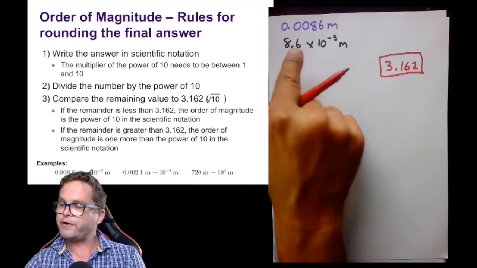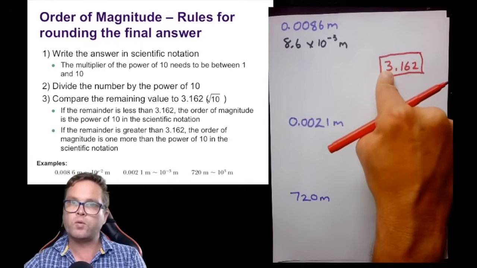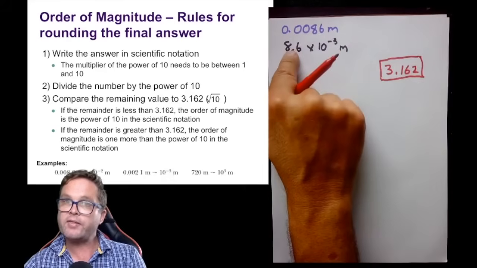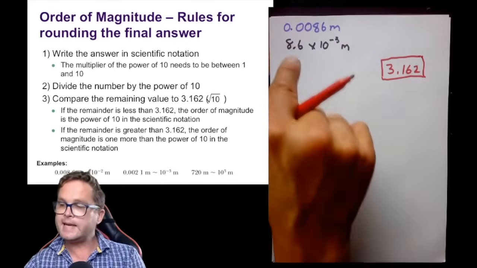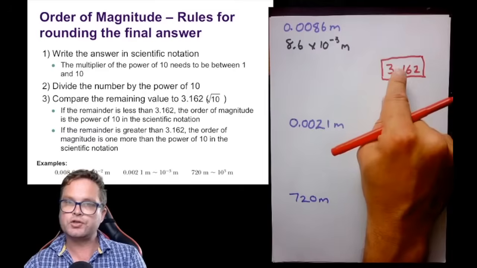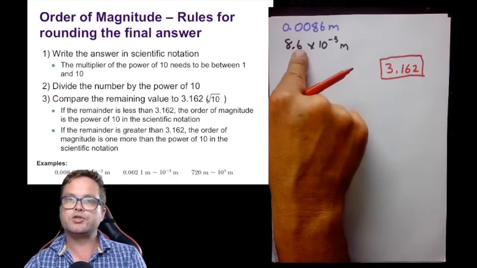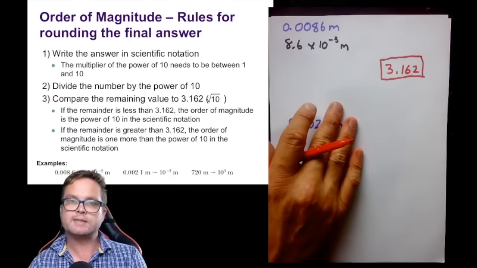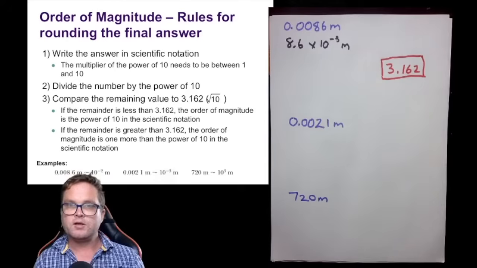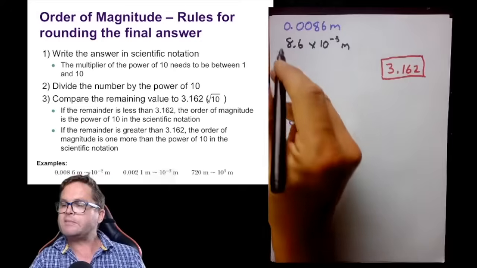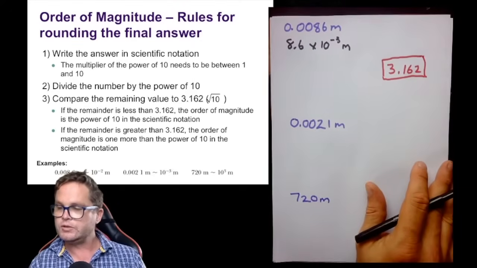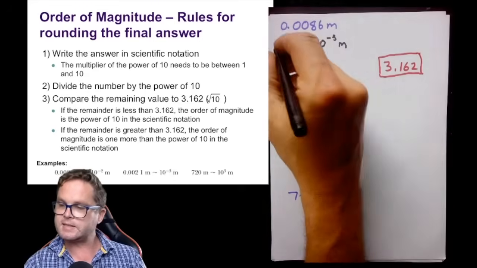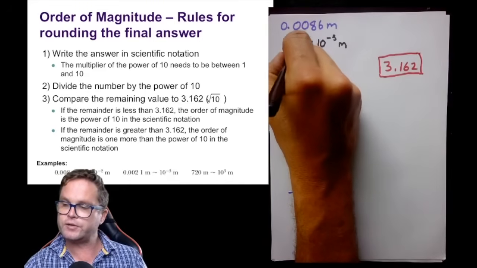If this number in front is bigger than 3.162, then we're going to round this number to a 10. If it's less than 3.162, we're going to round this number to a 1. That's what step 3 says. So in this case we have 8.6, which is bigger than 3.162, so we round it up to a 10.